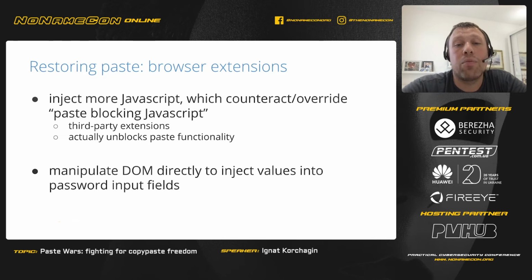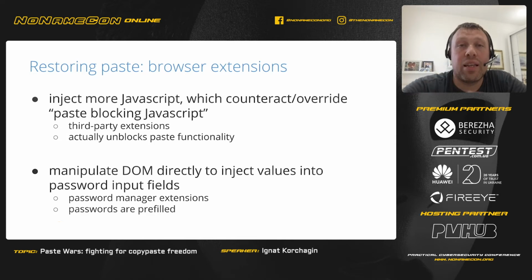The other type of browser extension can directly manipulate your document object model as you browse web pages and inject your password values directly into password input fields. Because these extensions require access to your password manager, they are typically provided by the password manager vendors themselves. So the passwords appear pre-filled when you load the page.